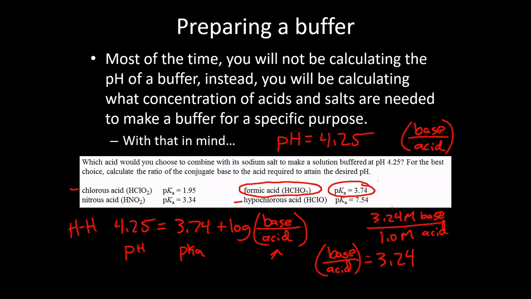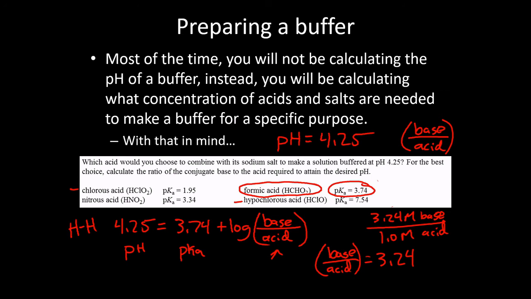Now, that would definitely be an overpowered buffer, and it's kind of ridiculous to have that much material in there. But it's possible, and that would give you the ratio that you would want to have that pH.